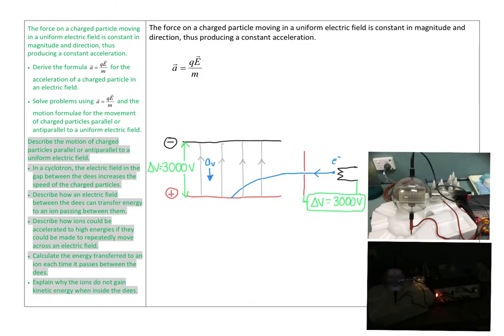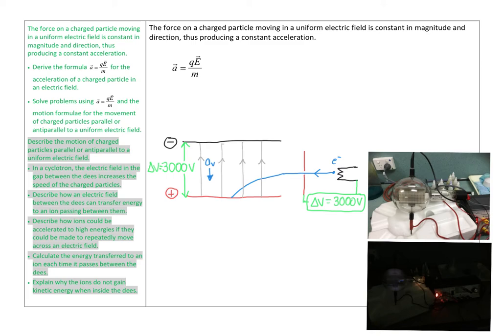So if we know the electric field strength between two parallel plates or within an electric field, the next thing we want to do is work out the amount of force that a charge experiences, and therefore, if we work out the force, we can work out the acceleration of a charged particle in an electric field.